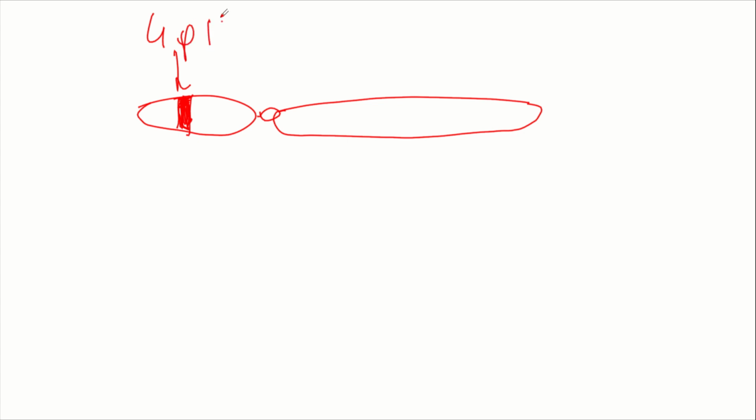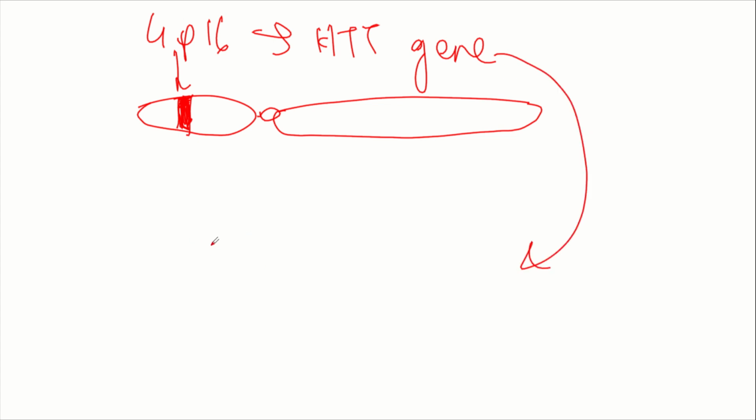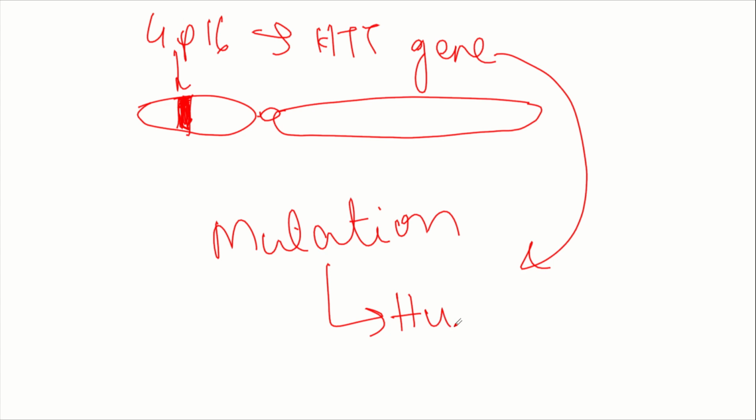And it will be 4p16 where the HTT gene is present, and when the mutation occurs, it results in Huntington disease.